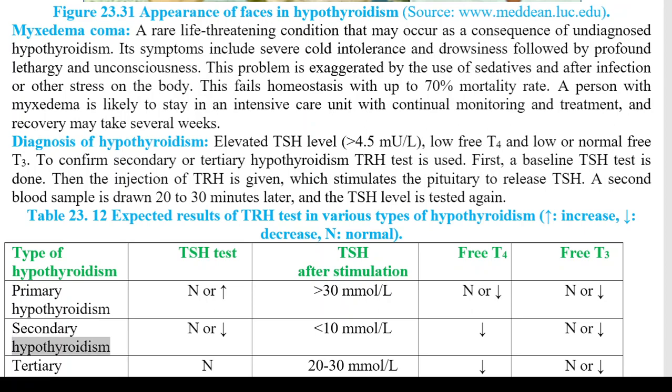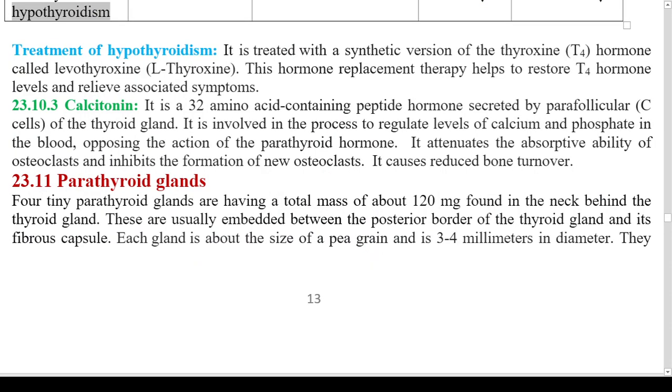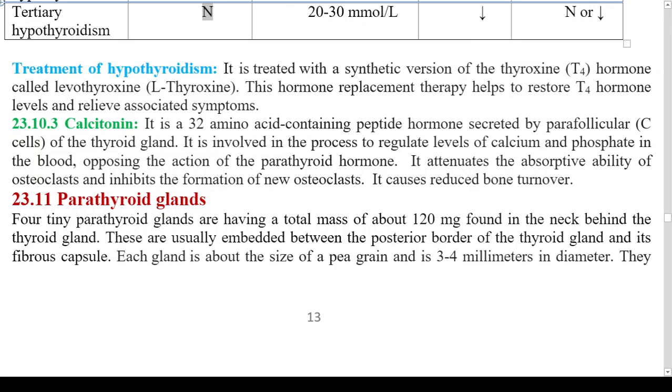Secondary hypothyroidism: N or downward arrow, 10 μ/L, N or downward arrow. Tertiary hypothyroidism: N, 20 to 30 μ/L, downward arrow, N or downward arrow.